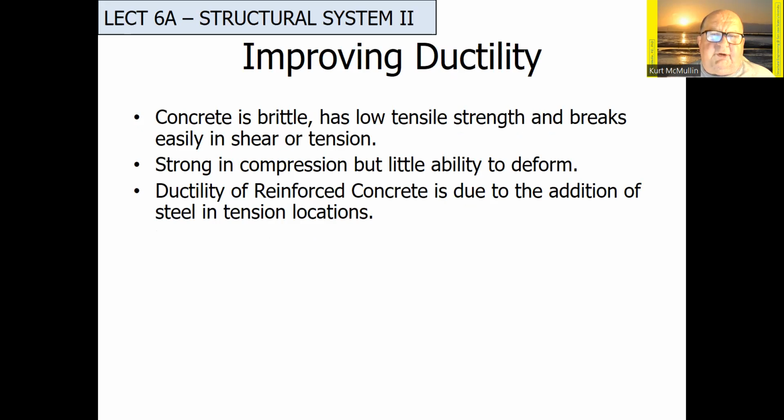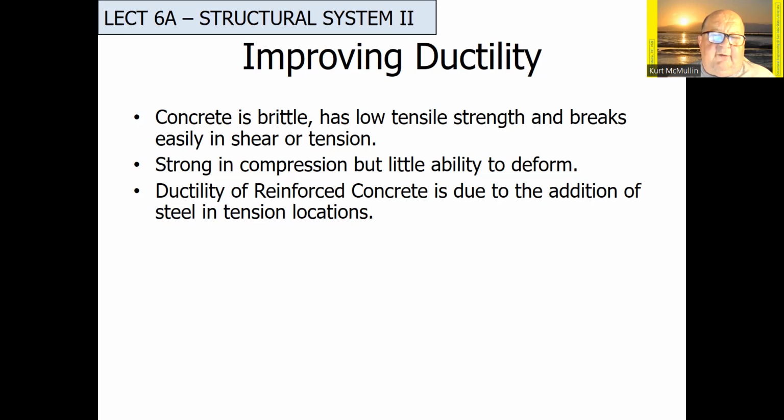One of the goals we're going to see in earthquake engineering is improving the ductility. Concrete alone is a very brittle material. It has low tensile strength, and it breaks relatively easily in shear or in tension. Of course, it has very high compressive strength, but even there, once it reaches its maximum strength, it collapses and has very little ability to deform without crushing itself.